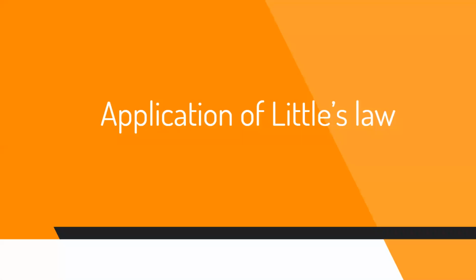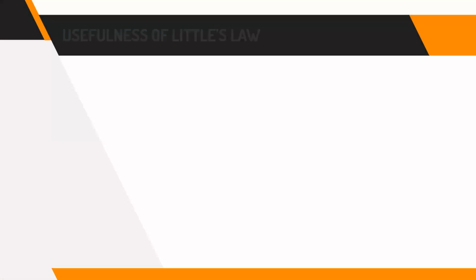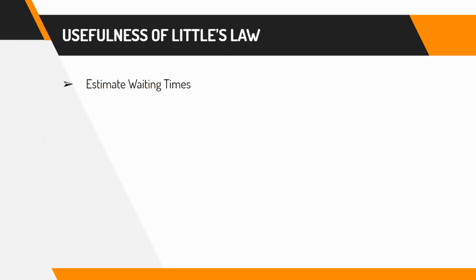Now I'll talk about the applications of Little's Law. Firstly, I'll talk about the usefulness of Little's Law in various sectors. For example, it can be used for estimating the waiting times in a queue, and that can be useful in many areas, like restaurants, if we want to estimate the waiting times for people waiting in a queue.